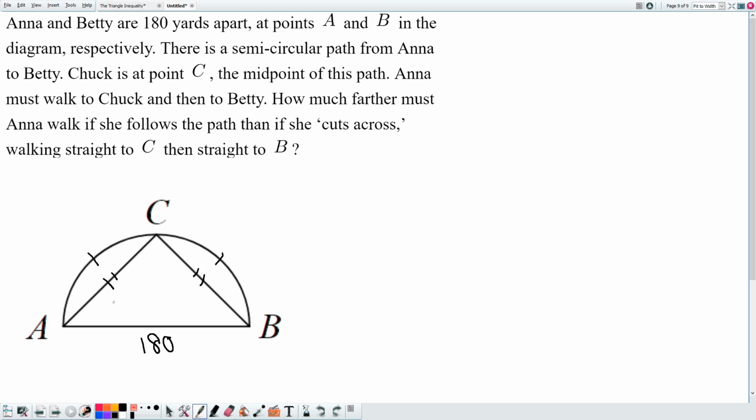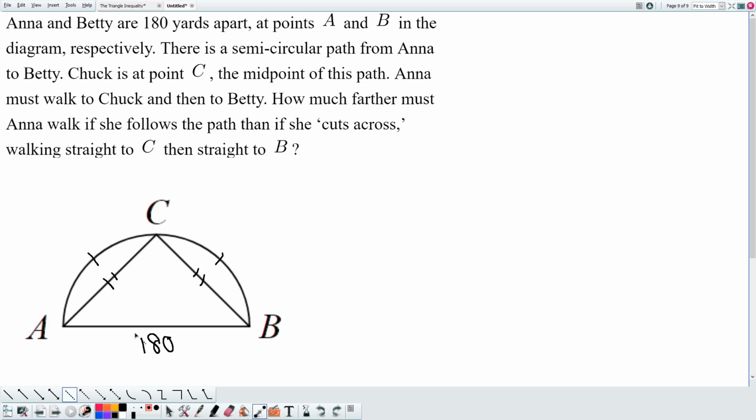Well, how can we go about solving this problem? We know those two distances have to be the same because of the congruent arcs.